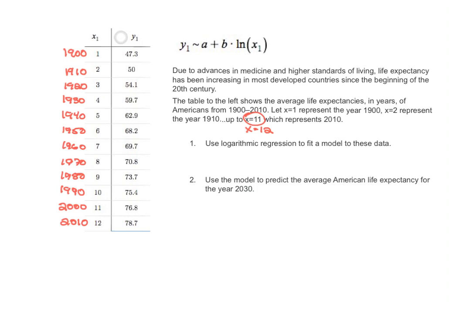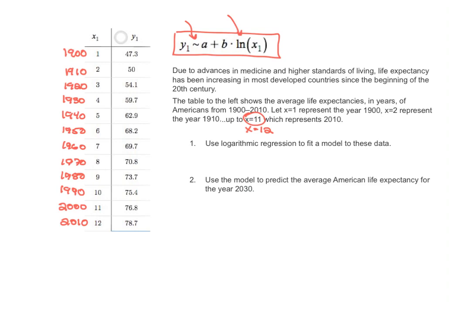So we're going to use logarithmic regression to fit a model to this data. If you're putting this table into Desmos, this is what you're going to type. First type in the table, and then type y sub 1 with a little tilde sign, and then a plus b times natural log, or ln, of x sub 1. So I'm going to do it in my calculator.